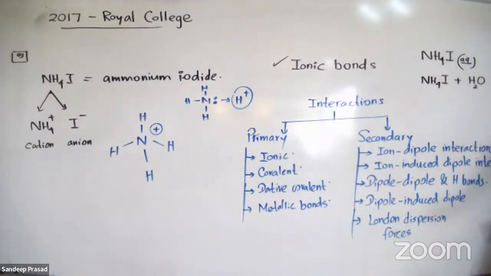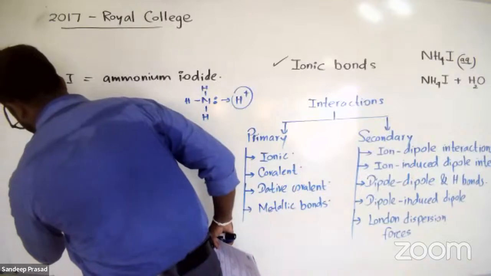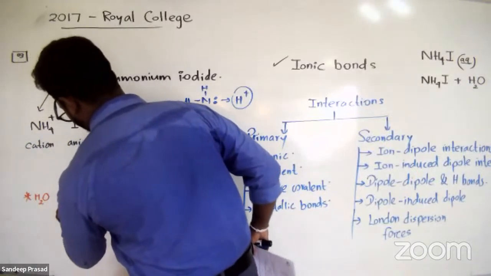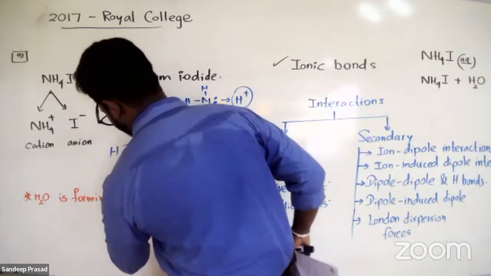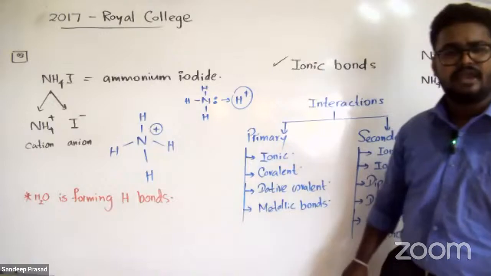They have given covalent bonds, ionic bonds, and dative bonds are also there. What about hydrogen bonds? Remember, water molecules, H2O, form hydrogen bonds. So what does hydrogen bonds mean?